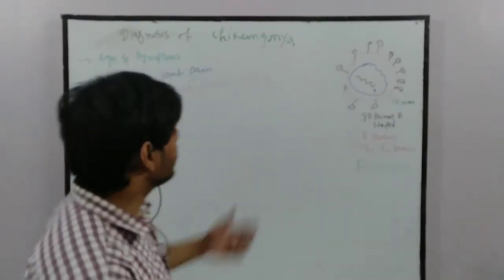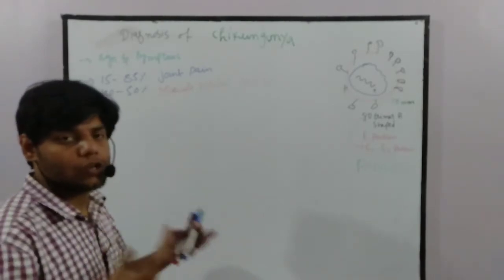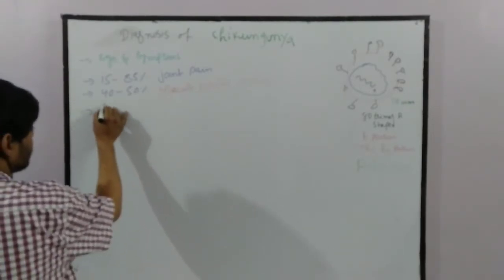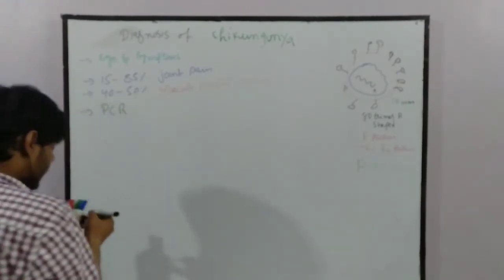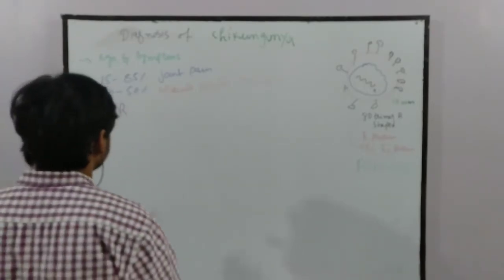Okay, then in Pakistan this chikungunya disease is usually identified by PCR, and usually two types of PCR are performed for the chikungunya disease.